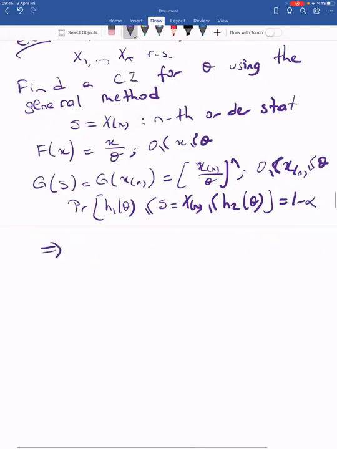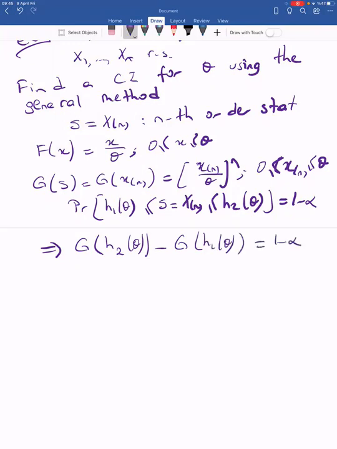And from basic probability, we can write this as the CDF of h2(theta) minus the CDF of h1(theta) equals 1 minus alpha.